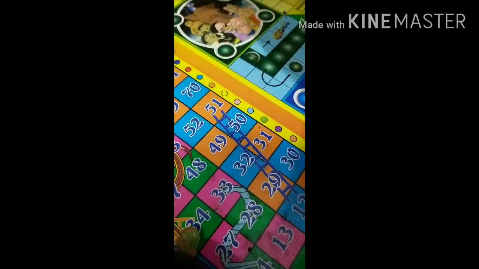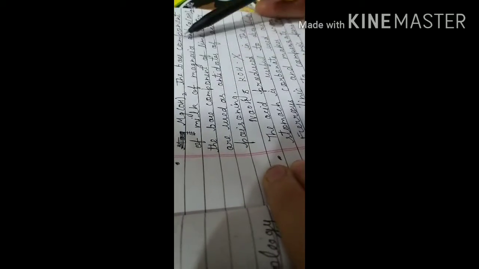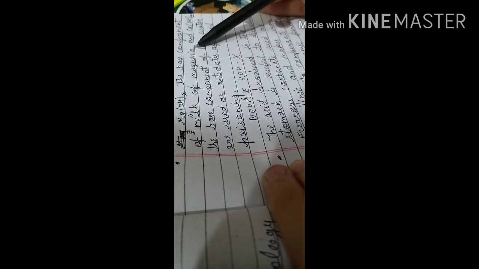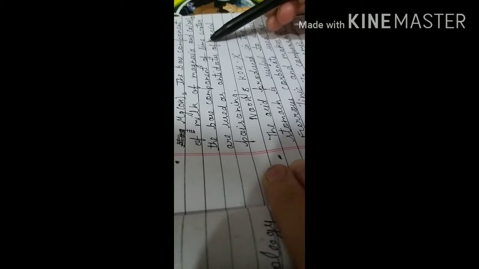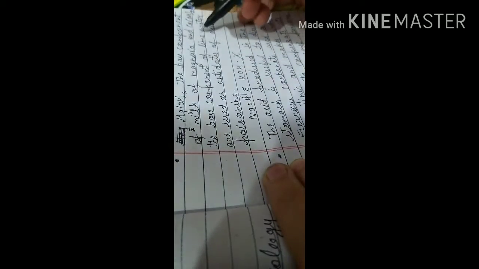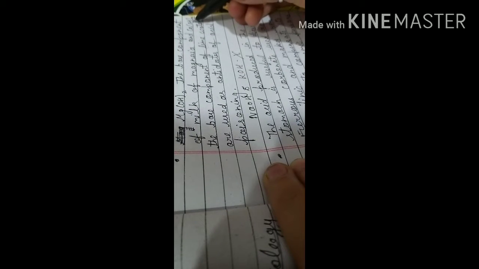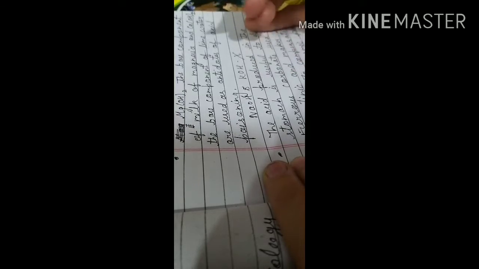Now a few more important points, see here. Magnesium hydroxide is the base component of milk of magnesia, and calcium hydroxide is the base component of lime water. You must know that milk of magnesia, magnesium hydroxide, and lime water, calcium hydroxide, are used as antidotes of acid poisoning.